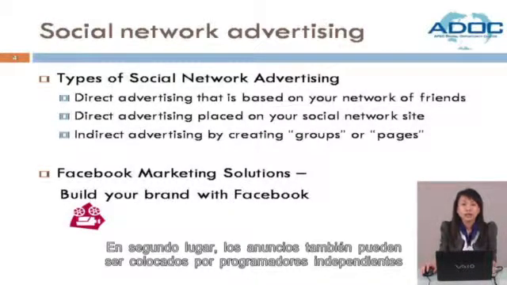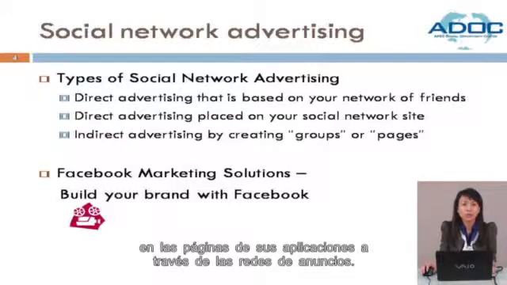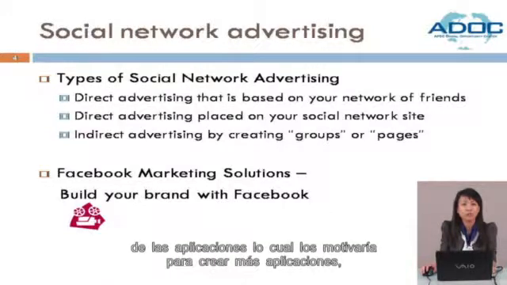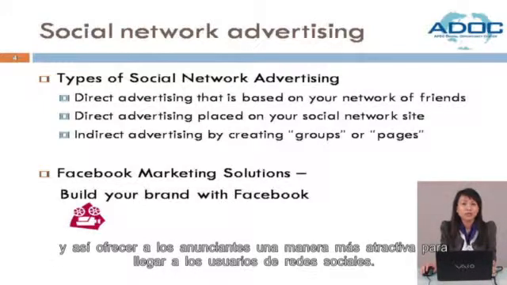Secondly, ads can also be placed by individual developers on their application pages through ad networks. These ads could generate income for application developers, giving them motivation to create apps in the future, and giving advertisers a more engaging way to reach out to social networking users.